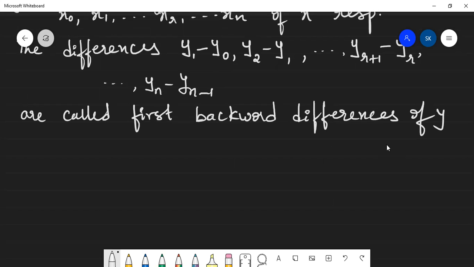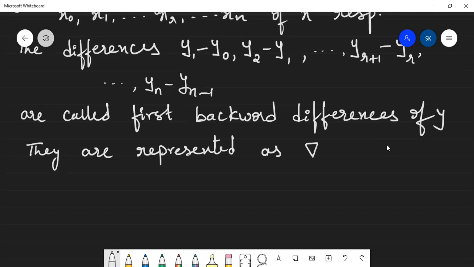They are represented as this symbol, backward difference y1, backward difference y2, so on, backward difference yr, and so on.